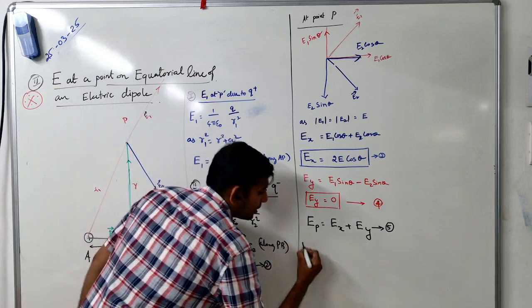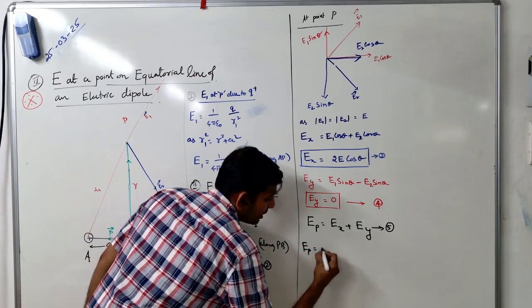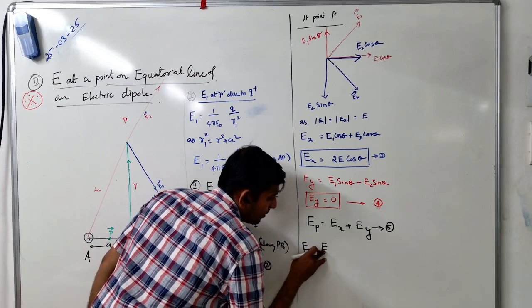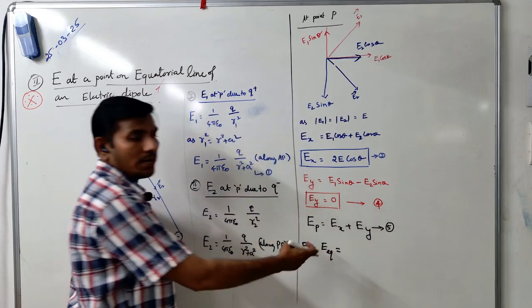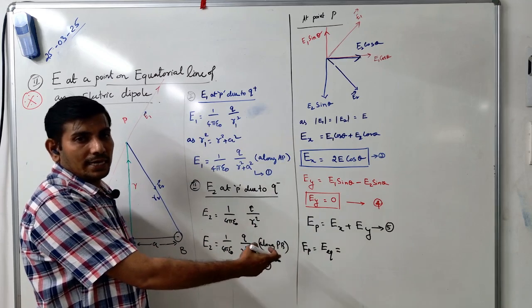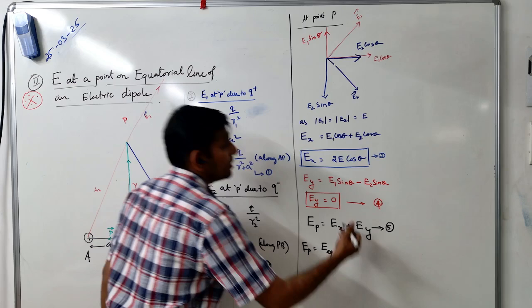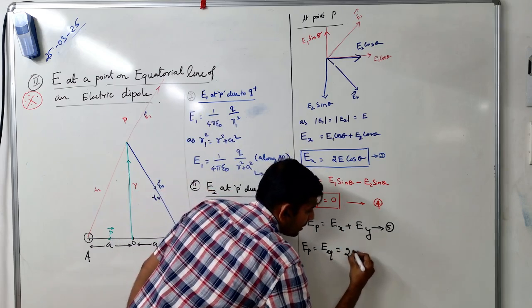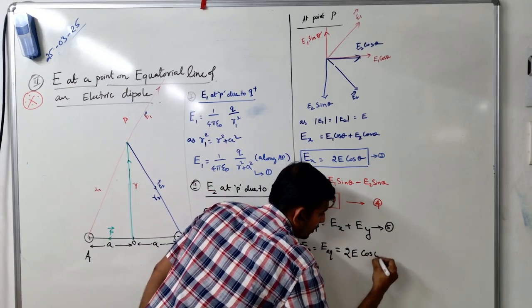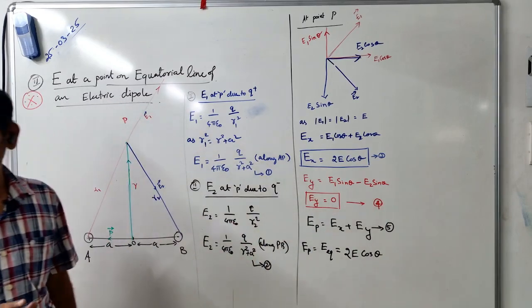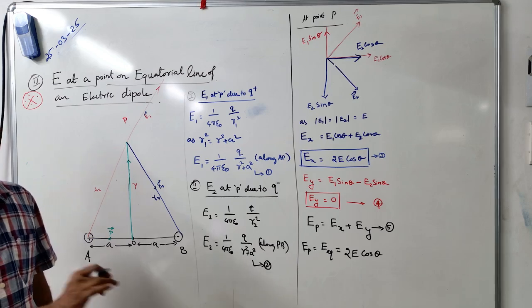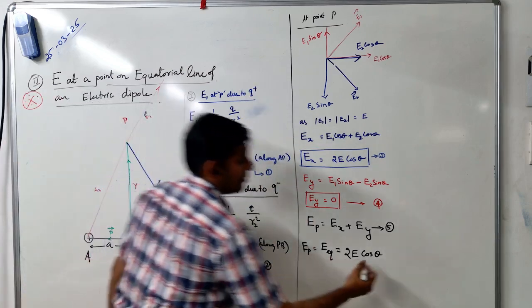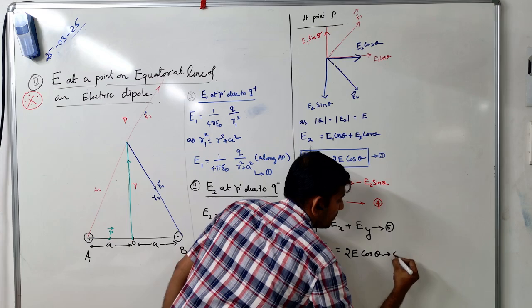So E at the point P is nothing but E along the equatorial line, which is equal to only the surviving component, E along the x-axis. How much is that? 2 times E cos theta plus 0. I leave it for your understanding. If you want, you can write it with a pencil somewhere, because we don't have enough space. So let this be equation number 6.